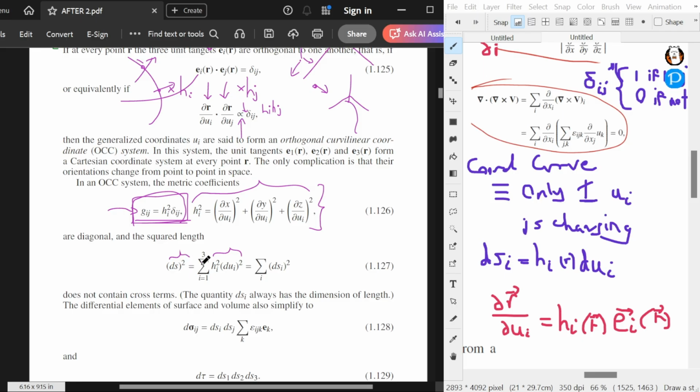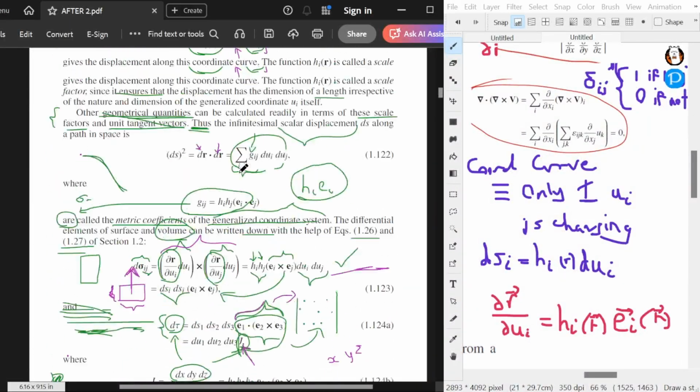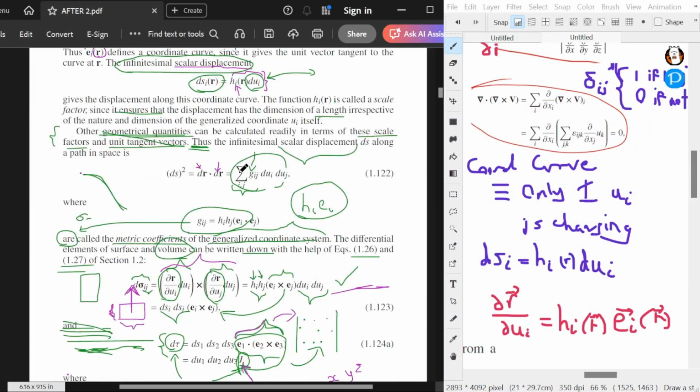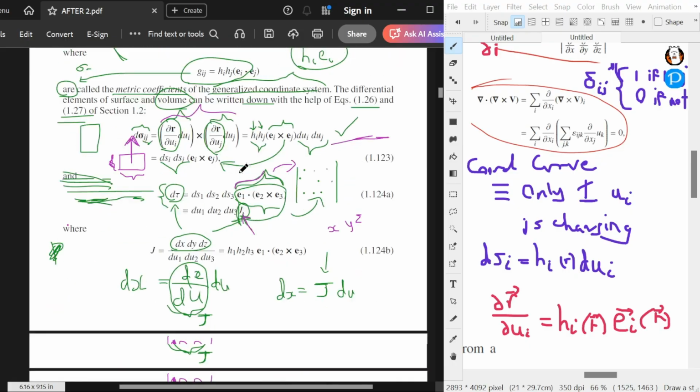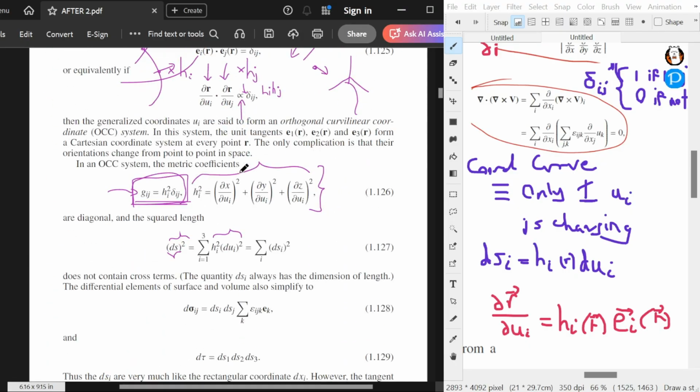Summation of i. Oh, so ds and ds_i are different. The difference being that ds is like all of them combined. ds is the sum of the ds_i's, basically, is what they're saying here.